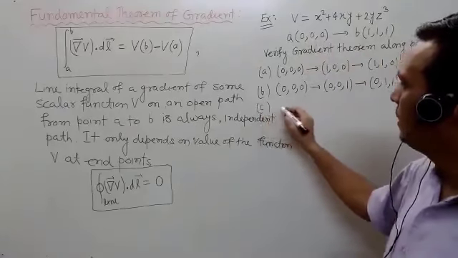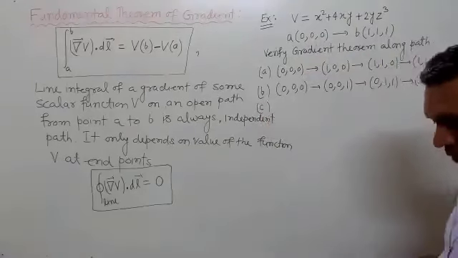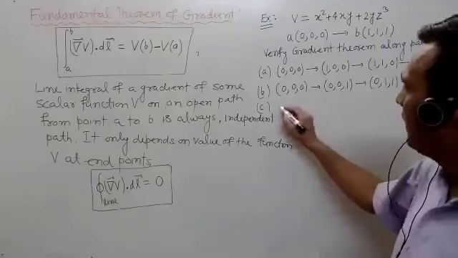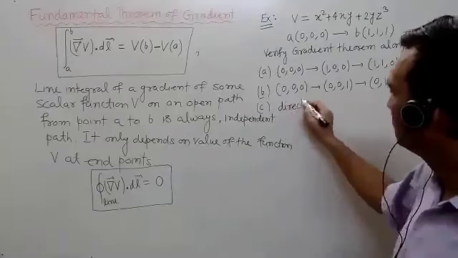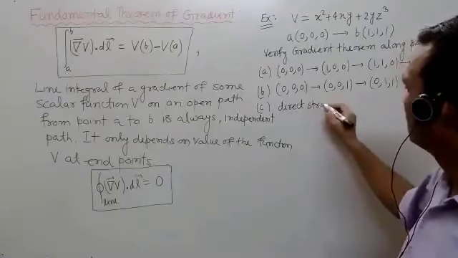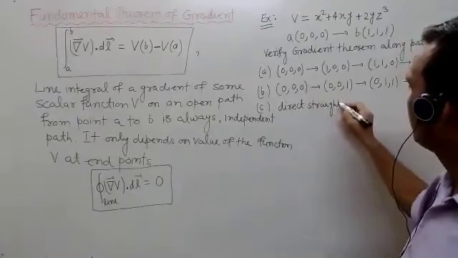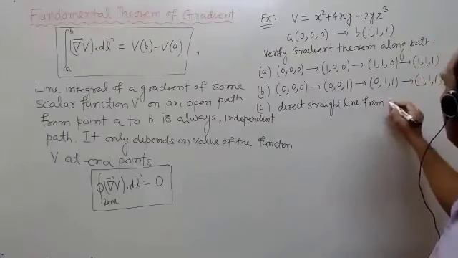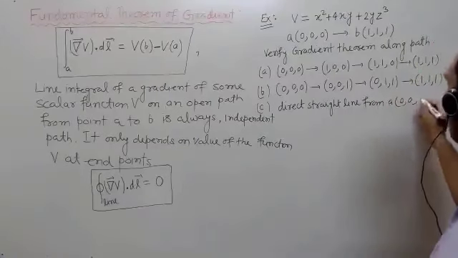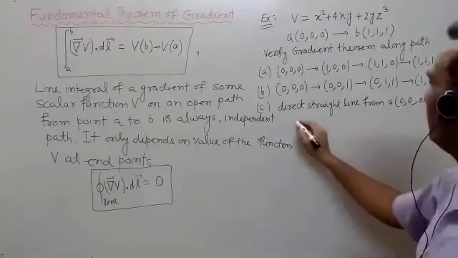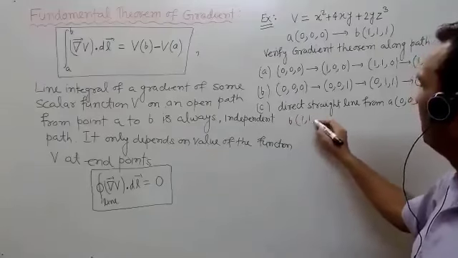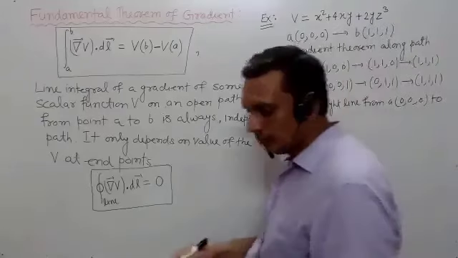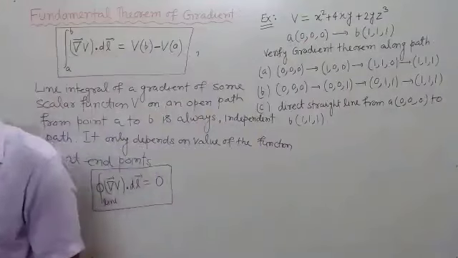And then C part, you have a direct straight line from A to B, that is 1, 1, 1. So let us verify this theorem.